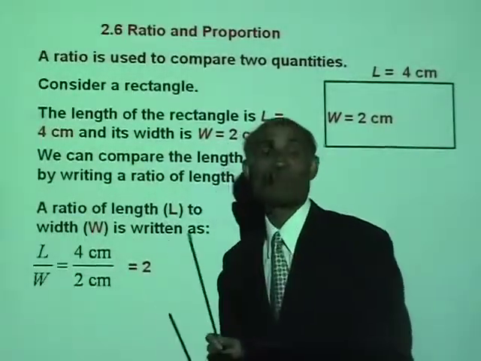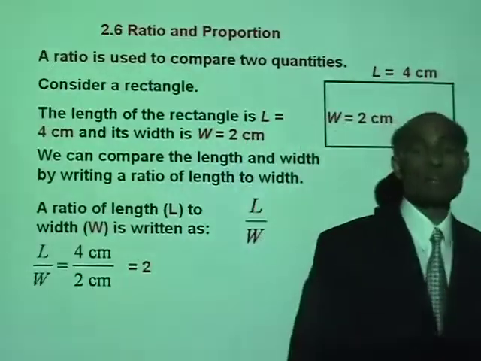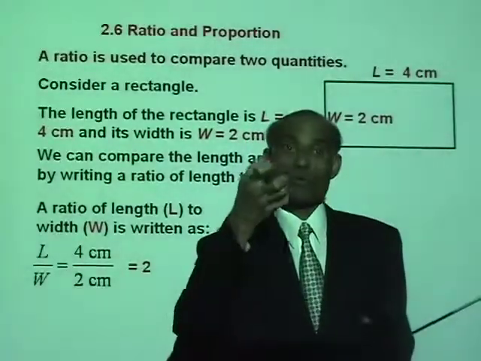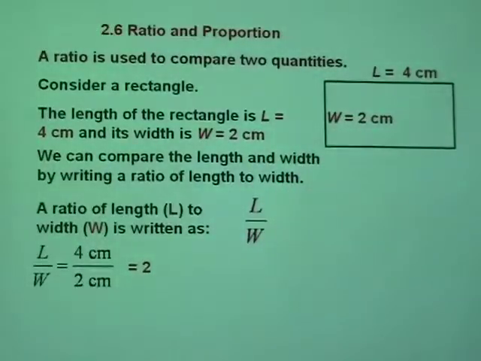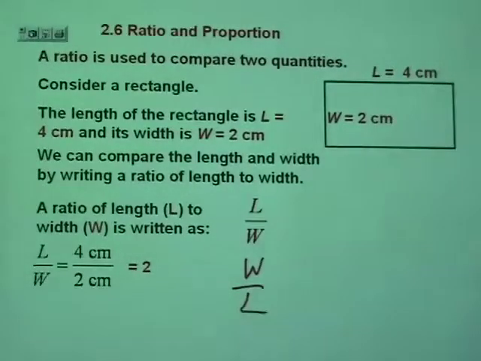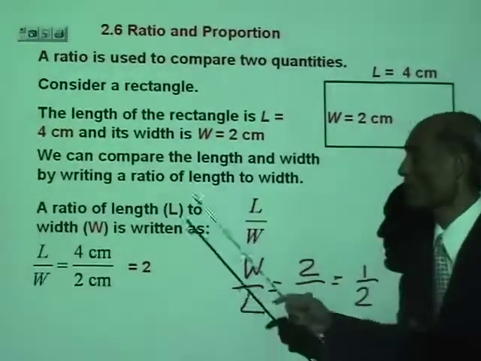That's the meaning there. On the other hand, if I take the ratio width to length, what will that ratio be? That ratio will be W over L, and that will be 2 divided by 4, and that will be 1/2. So you must be very careful in stating the ratio.